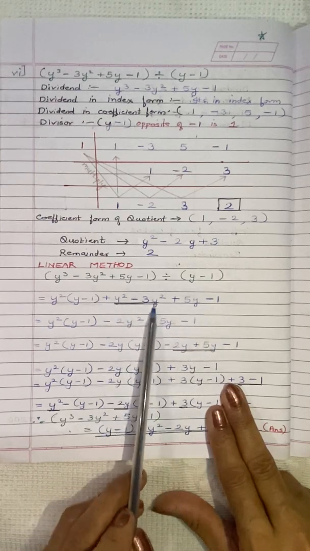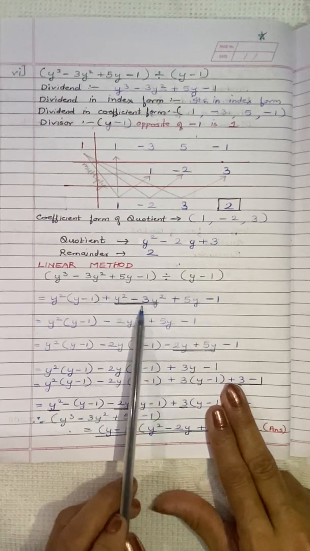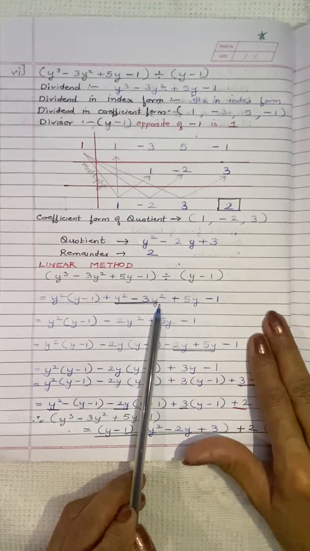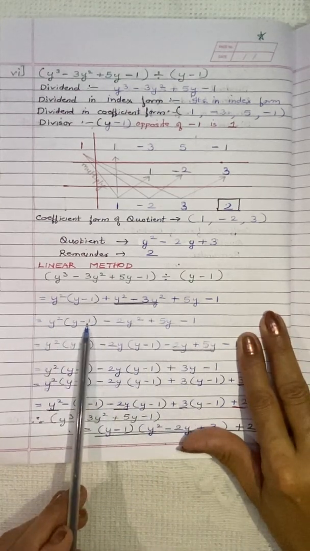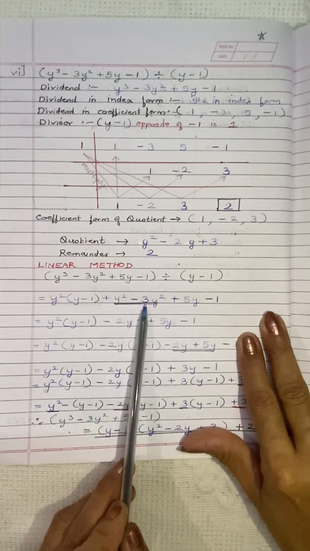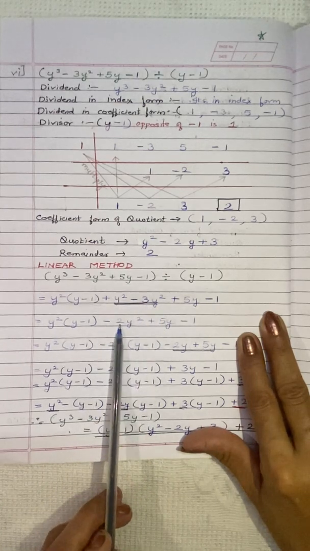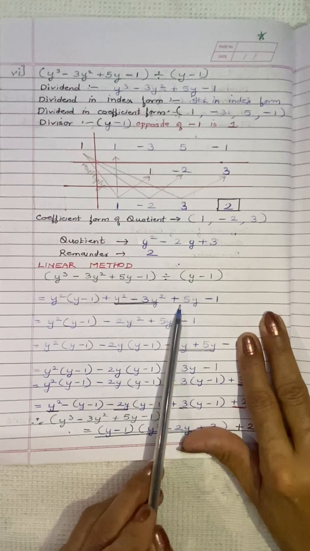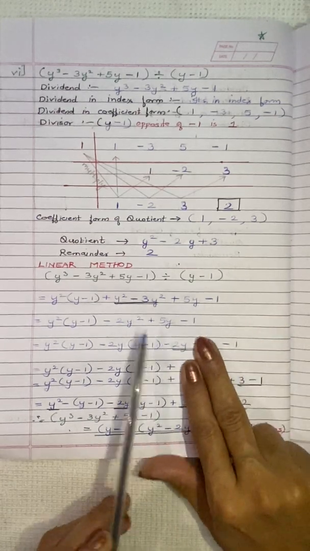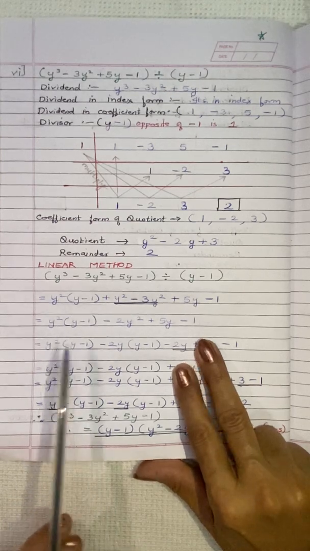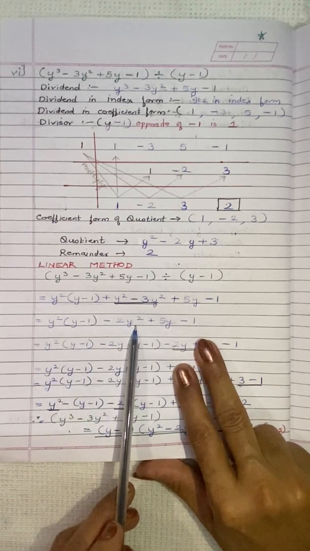Now we have to check whether there are like terms. Yes, y square and minus 3y are the like terms. So in next step we will solve this and continue with the step. This will copy as it is, plus y square minus 3y is minus 2y square and plus 5y minus 1 copy as it is. This will split it into y.